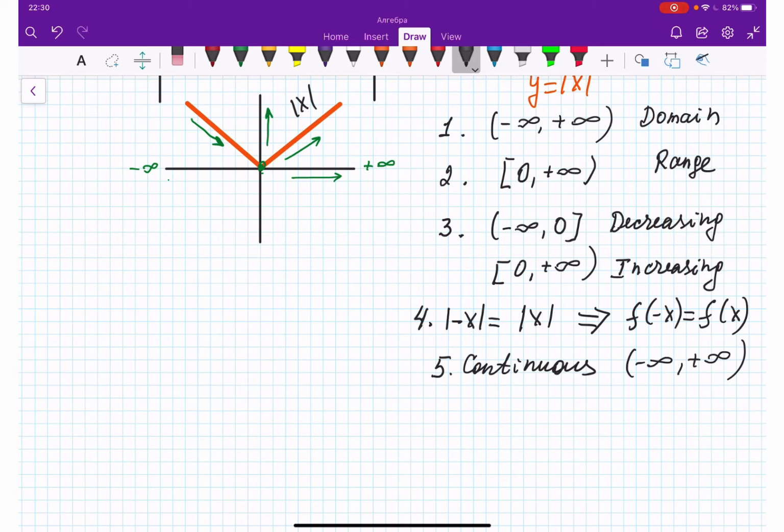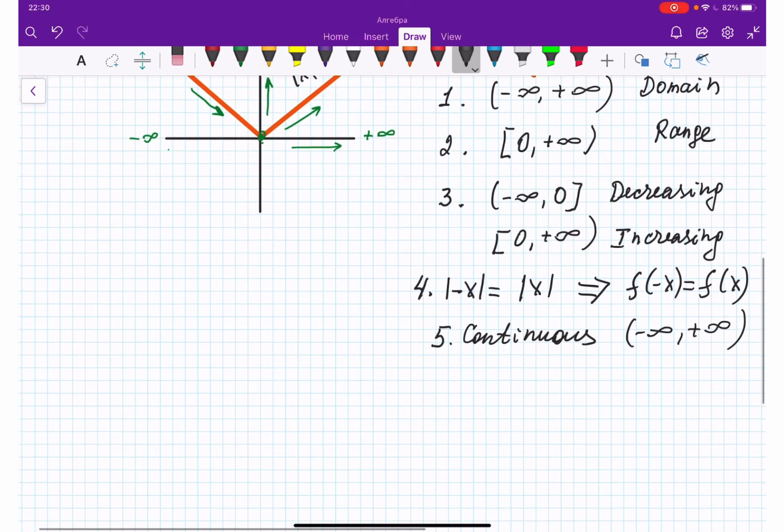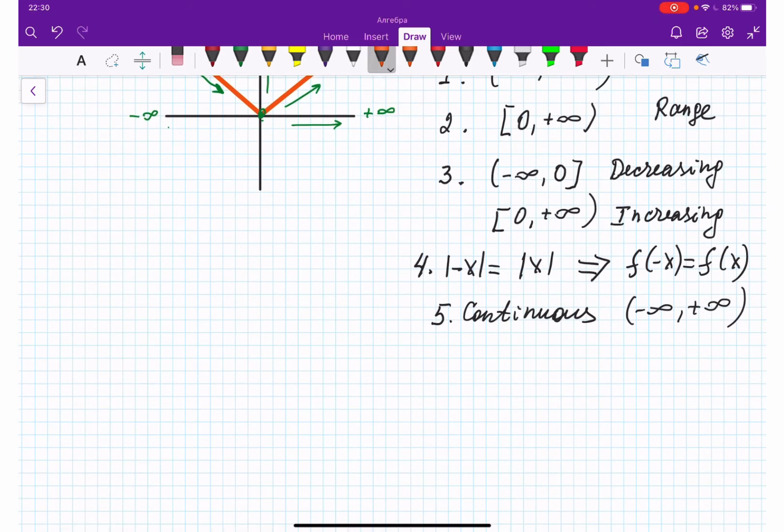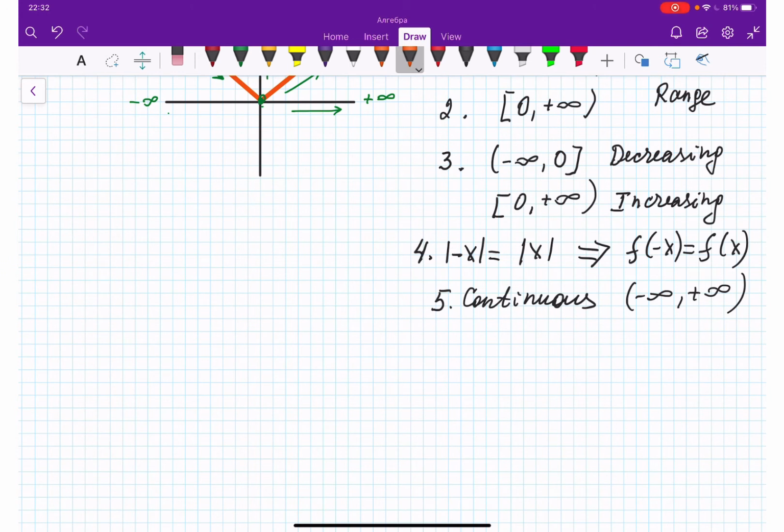All right, let's build the absolute value of x with its shifting. It's going to be y is equal to the absolute value of x minus x0, plus y0.